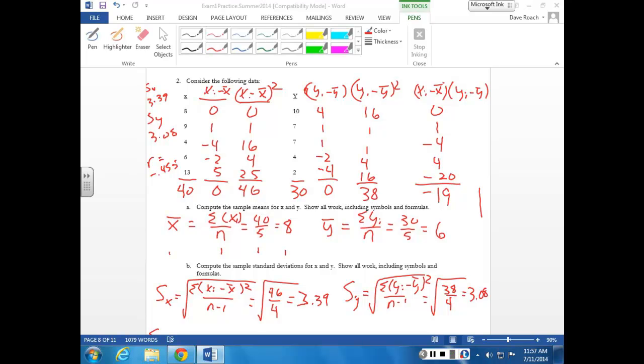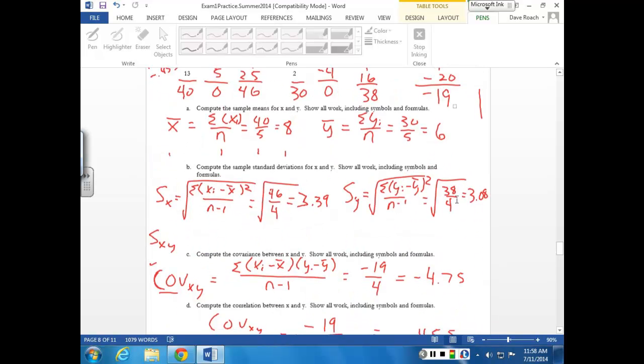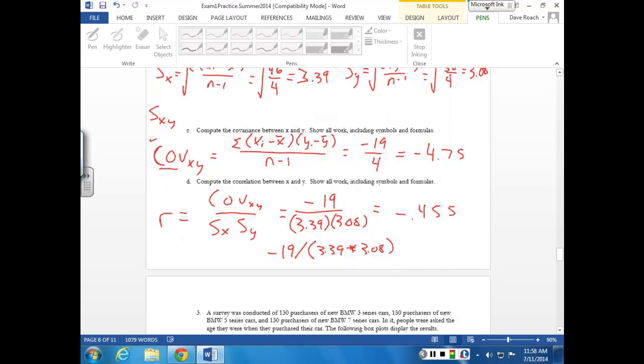The covariance will be these cross products. 0 times 4 is 0. -4 times 1 is -4. And it's the sum of the cross products. So it is -19. So this whole thing up here is the -19. And then on the next cell, the 19 over the 4.75.